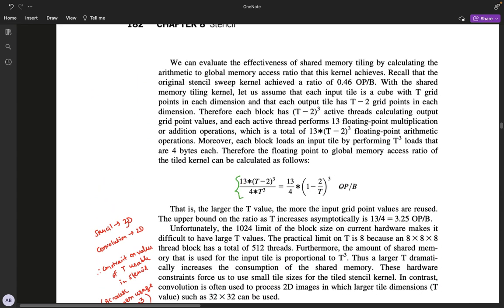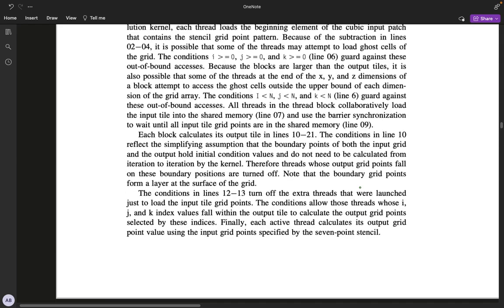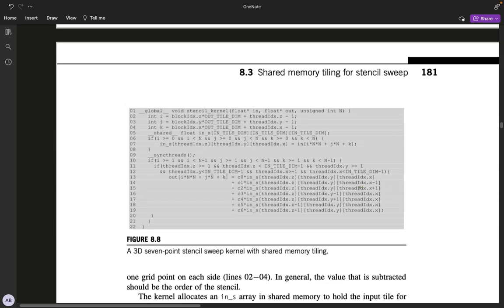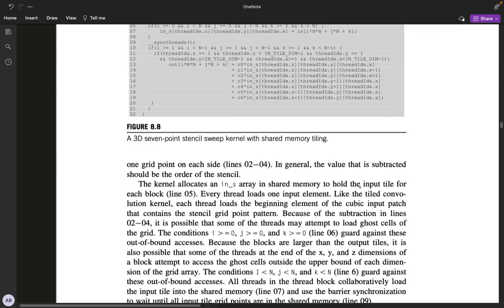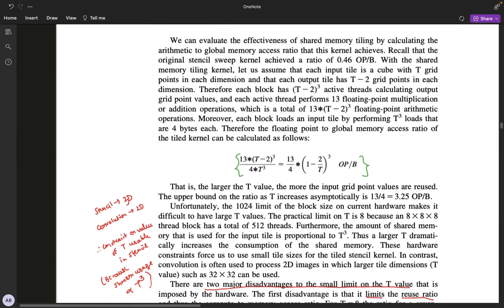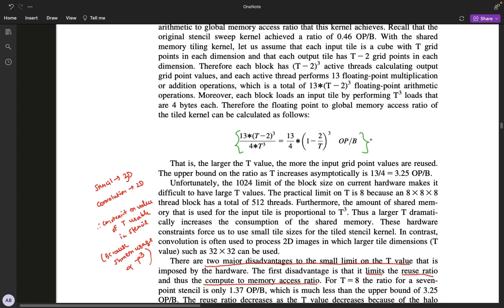They've calculated this. How did they calculate this? Okay, so this is a calculation of actual flops per byte.